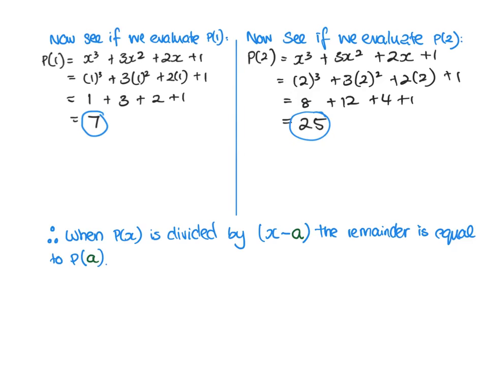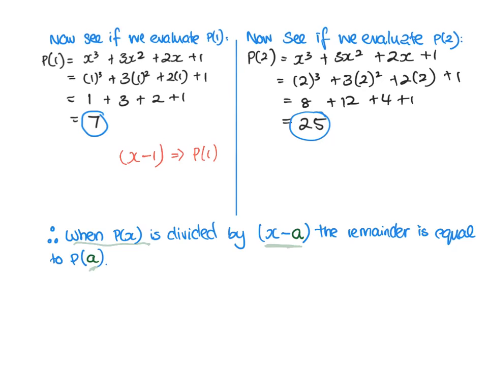So what we can say is, when p of x is divided by x minus a, the remainder is the same as p of a. When I divided by x minus 1, it equaled the same as p of 1.